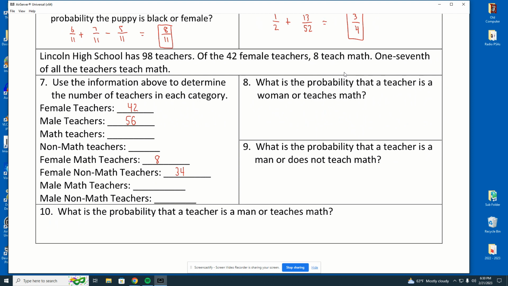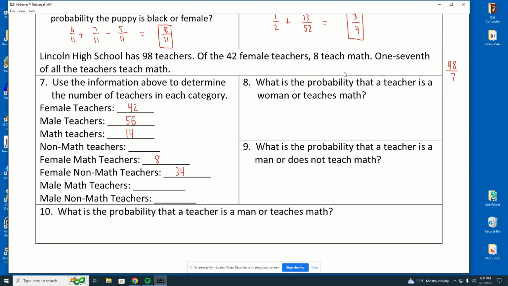Okay, now, the next piece of information it gives me is 1/7 of all the teachers teach math. So how do I find out 1/7 of the total teachers? Well, my total teachers is 98, right? So I can do 98 divided by 7. 98 divided by 7 is 14. 14 people are math teachers. Well, remember, there's 98 teachers.